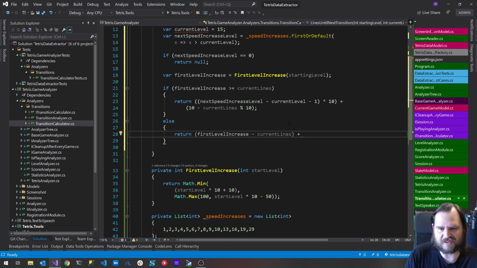So we need to start on a level that wasn't a speed increase, or wasn't right before a speed increase. So if we started on 16 and we were at 80, we would transition to 17 at 110. So we want to say we have 30.